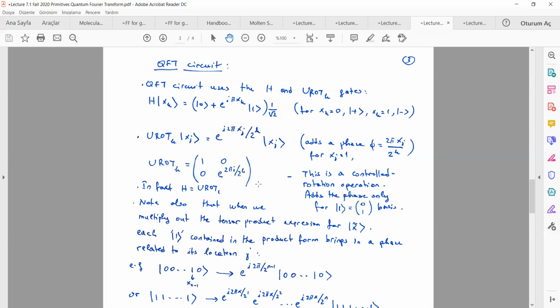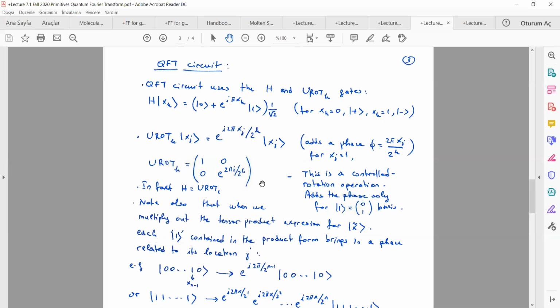If you apply it to the zero state, which is the column vector 1, 0, you would end up with 1, 0 again. So this U0 sub k transforms ket0 to ket0. It doesn't do anything on it. It doesn't apply any phase or anything.